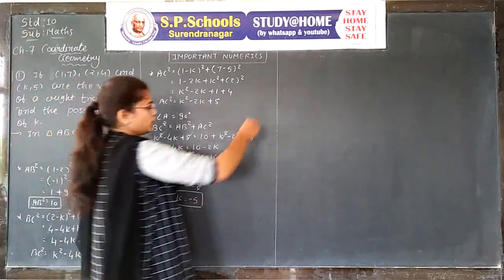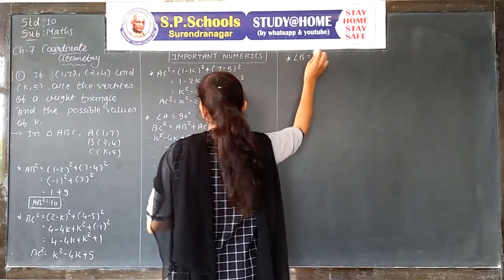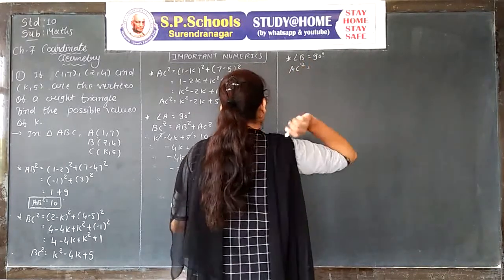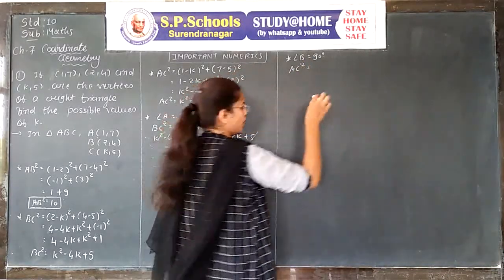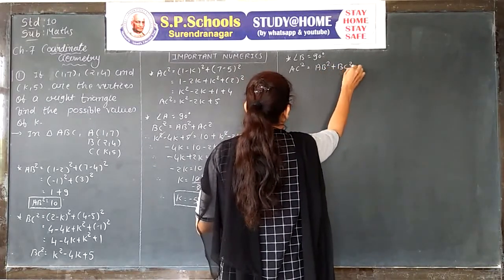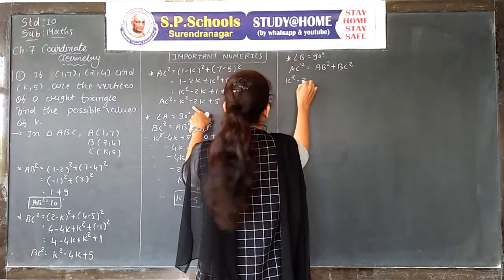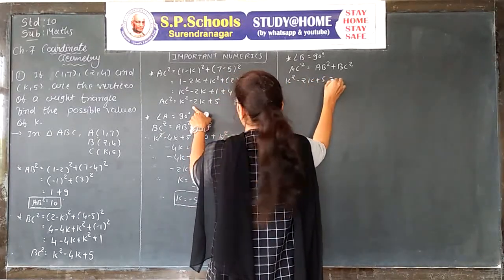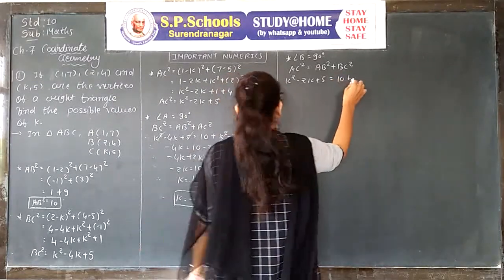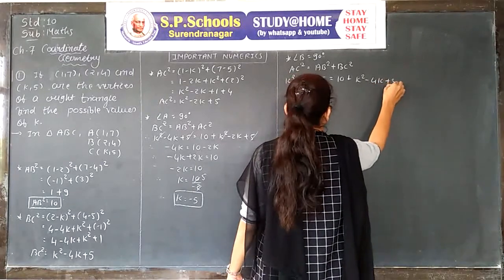Now, if A is not 90, then angle B is 90 degrees. Then AC is the hypotenuse. Using Pythagoras theorem, AC square is equal to AB square plus BC square, where AC square is K square minus 2K plus 5, AB square is 10 and BC square is K square minus 4K plus 5.